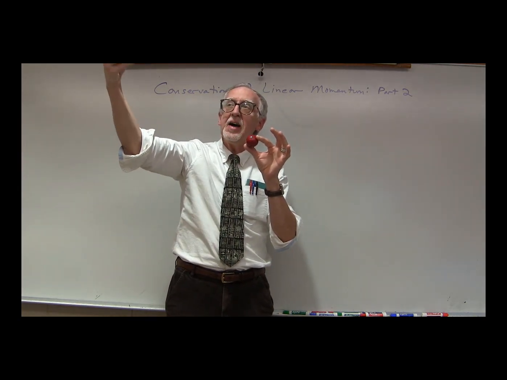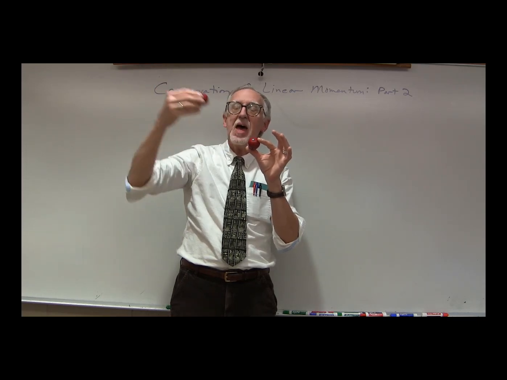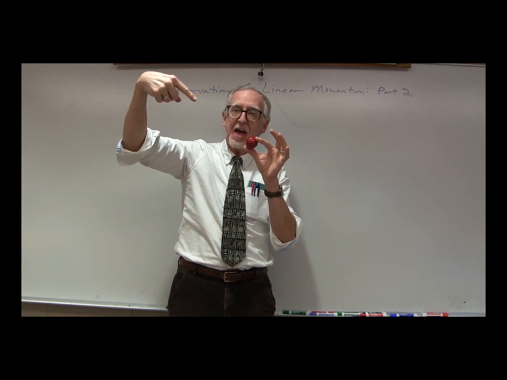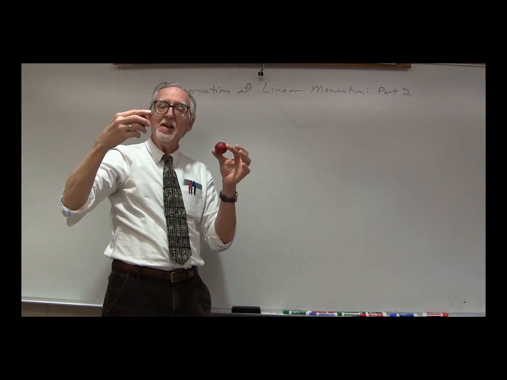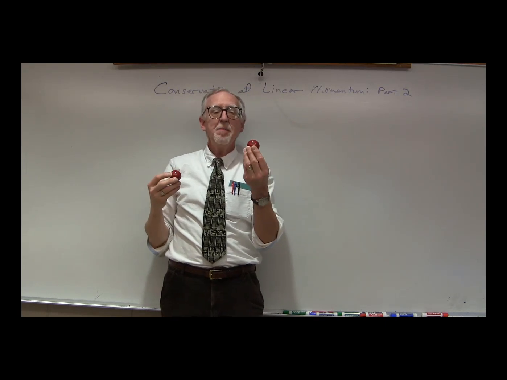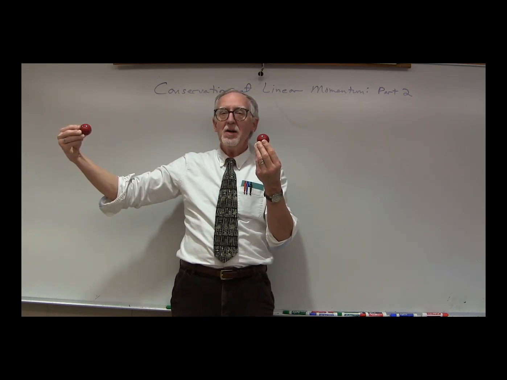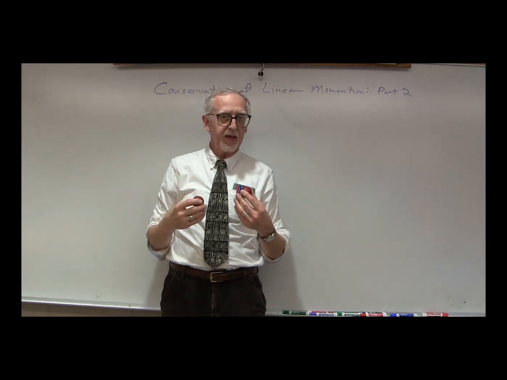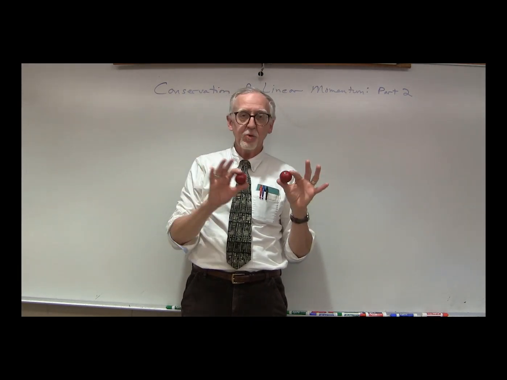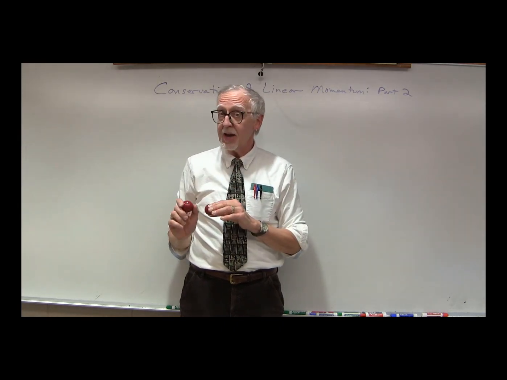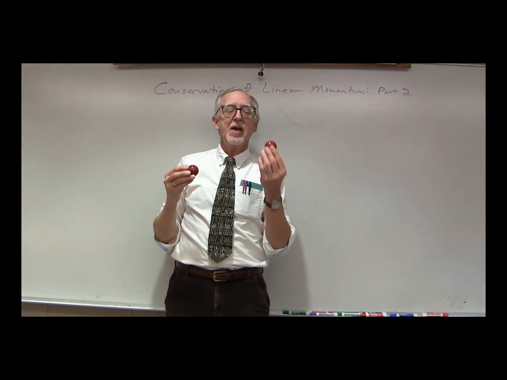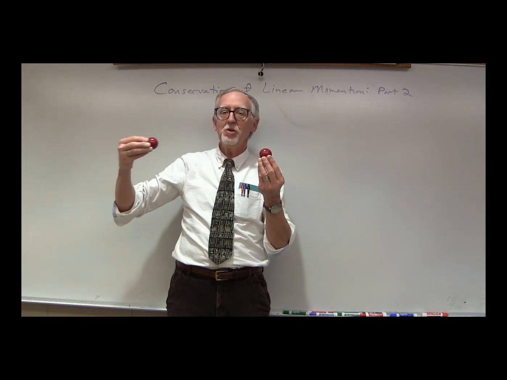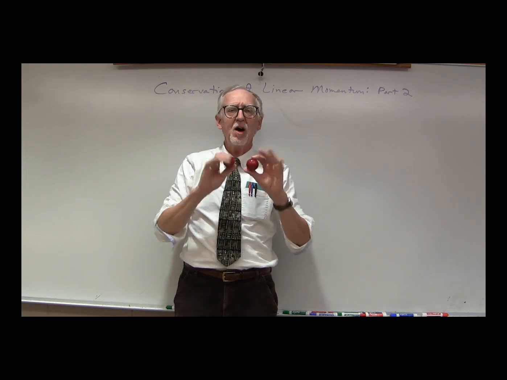Let's define our x-axis as the direction of v1 initial. So this is now our x-axis. So we're going to look at this thing now as basically m2 is stationary and m1 is moving in toward it along the x-axis. That is quite a simplification. We haven't changed the actual interaction, just the way we're looking at it. So what do we have? m2 is now initially stationary, and m1 is approaching m2 along the x-axis. Let's draw that and take a look at it.